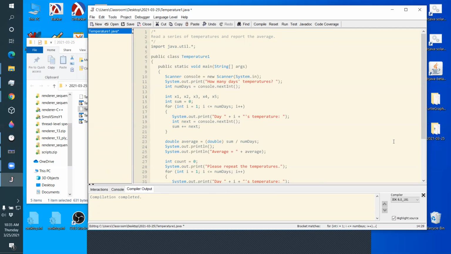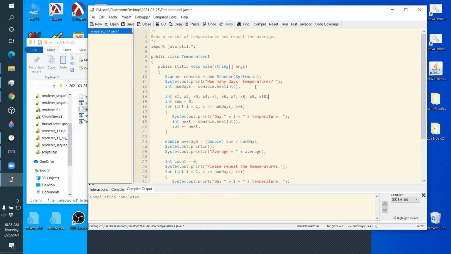If I knew there was going to be 10 pieces of data, I'd have to create 10 variables. Okay, that works, but I have to know ahead of time how many numbers there are going to be.